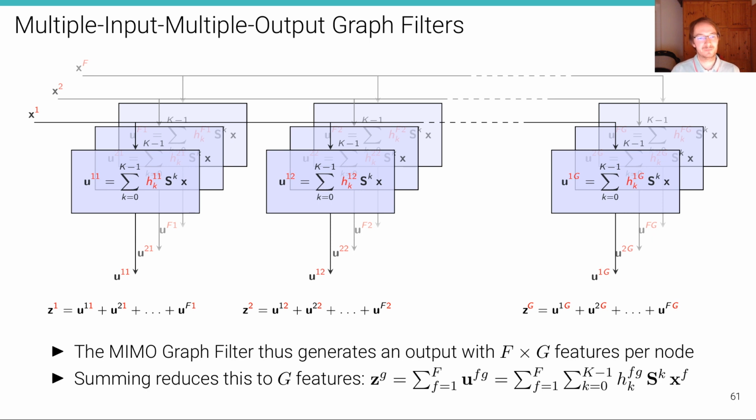So if we apply this over multiple layers, we have an exponential growth in the number of features per node, which is not desirable.